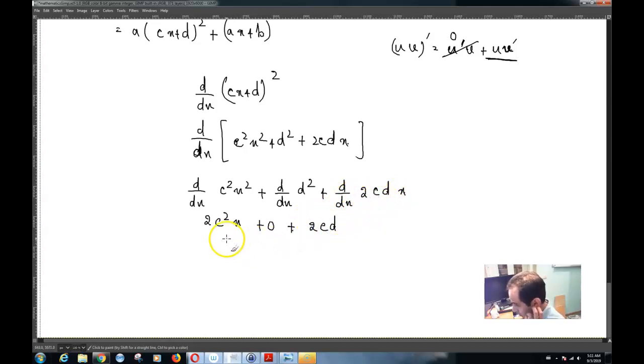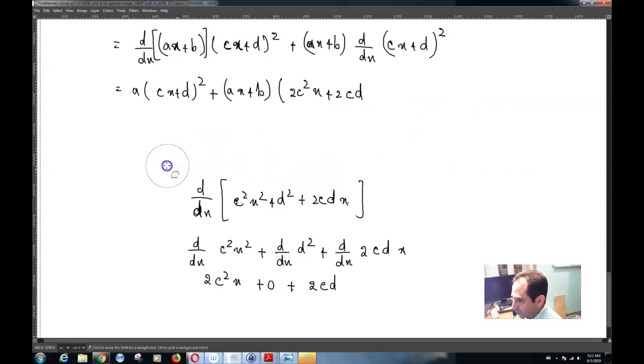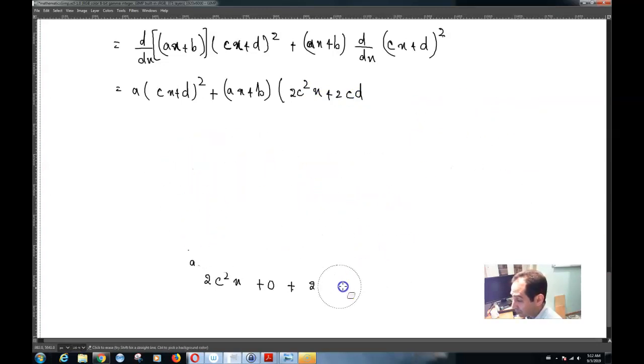So that's basically 2c squared times x plus 2cd. So over here you have ax plus b times 2c squared times x plus 2cd.